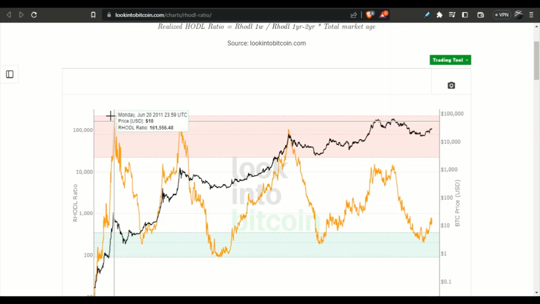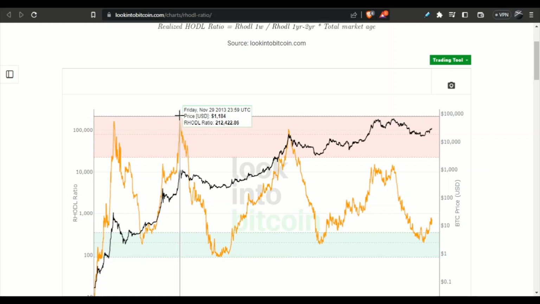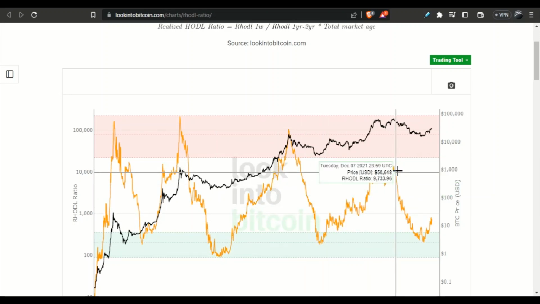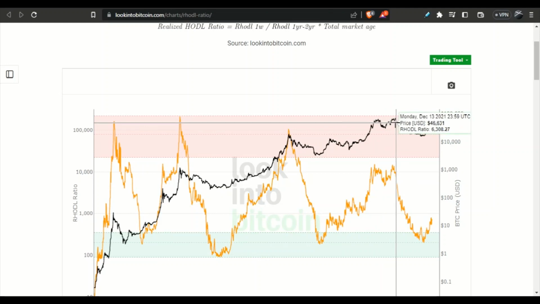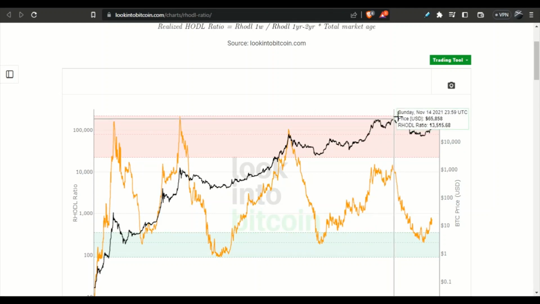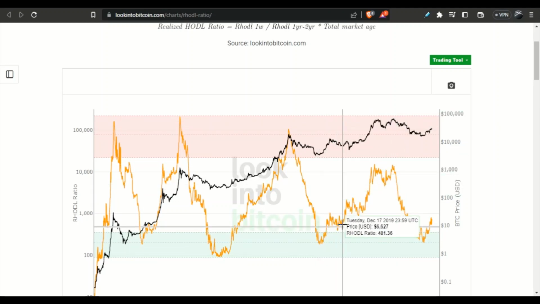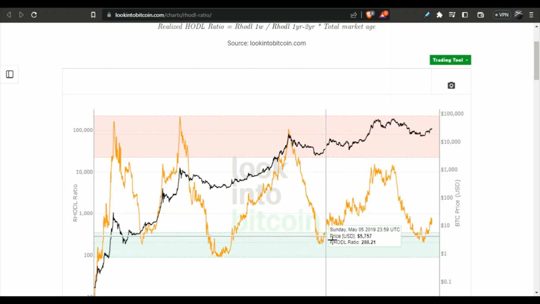So this is the 200,000 peak at the top, but we can always go even higher than the peak itself. As the newly moved coins increase in value due to people buying them at higher prices of Bitcoin, dividing that by the older 1 to 2 year unmoved coins, which are now lower in value, gives us a higher ratio.